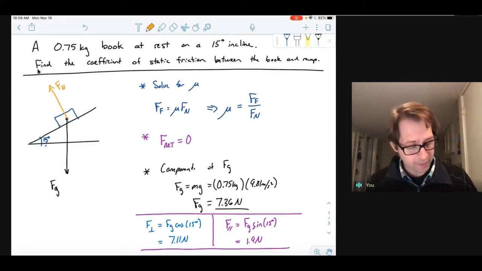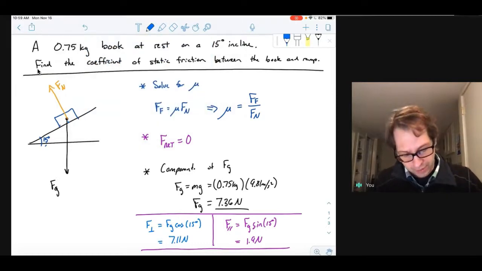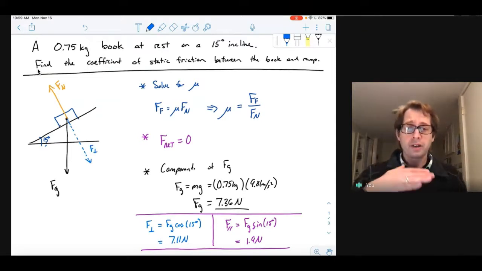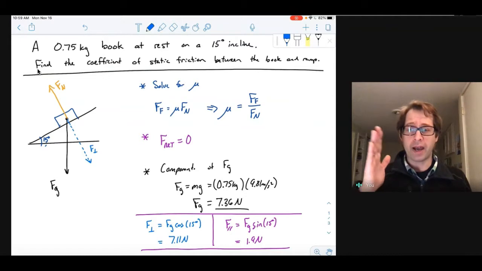In order to find that perpendicular, I am going to need to use some trig. And so I'm going to break this down, and I'm going to use this as my force perpendicular. Okay? The other component of my weight force is actually directed downwards on the ramp.